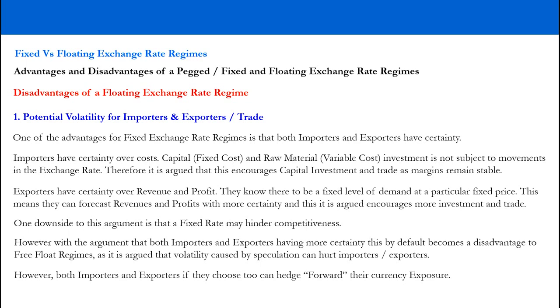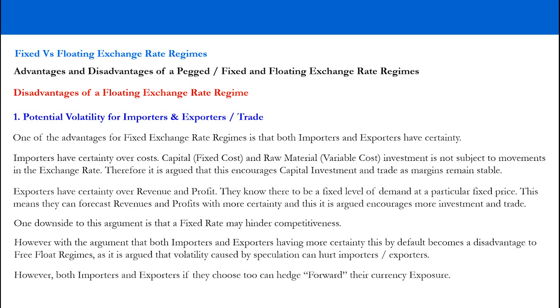It's argued that under a fixed regime, these importers, their investments are not subject to movements in the exchange rates. Therefore, it's argued that this encourages more capital investment and trade as margins remain stable. So margins are very predictable. Now think of this in terms of exporters as well.